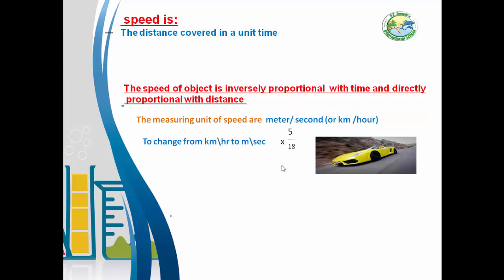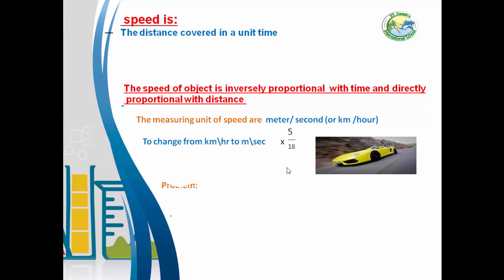But if we have it in meter per second and we want to change it into kilometer per hour, we multiply by 18 divided by 5. So to change from kilometer per hour to meter per second, 5 divided by 18. To change from meter per second to kilometer per hour, 18 divided by 5.